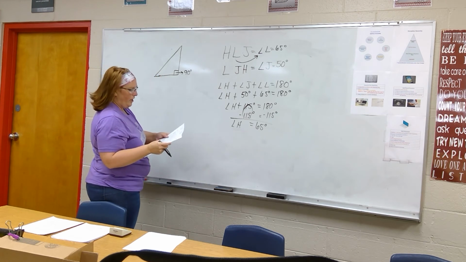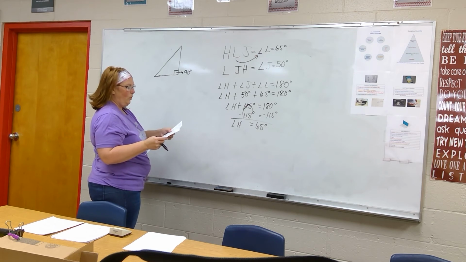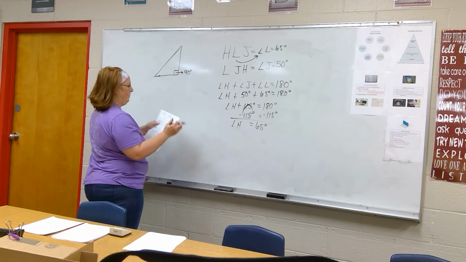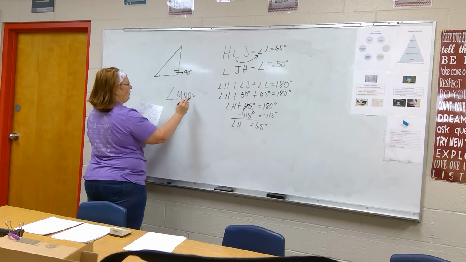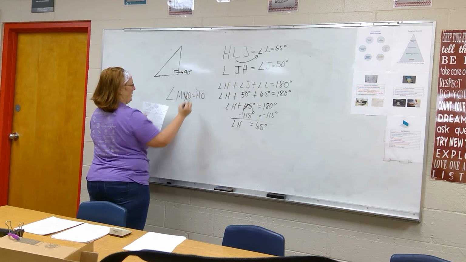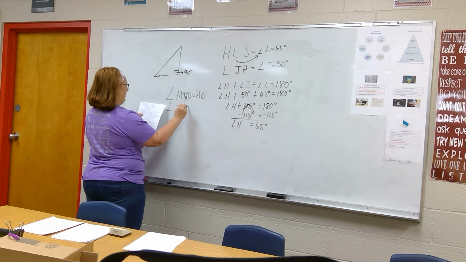On the back on number 5, it says, use each of the images above to answer the questions about angle measure and side length. Which side corresponds with angle MNO? Angle MNO. The corresponding side means we get rid of that middle angle. It's going to be MO with a line over it. Which side corresponds with angle TUS?